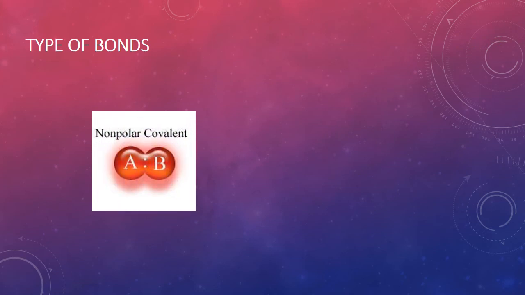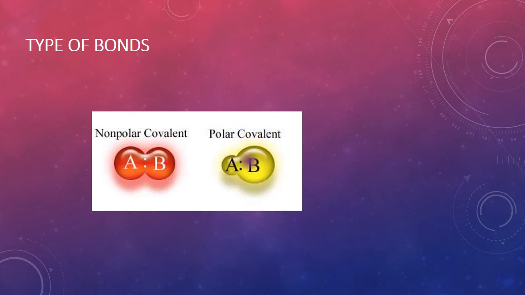The types of bonds that you do need to know in this chapter, the first one is nonpolar covalent. This is made by either elements that are identical or pretty close to identical. They share their electron cloud pretty evenly. Then we have a polar covalent compound.